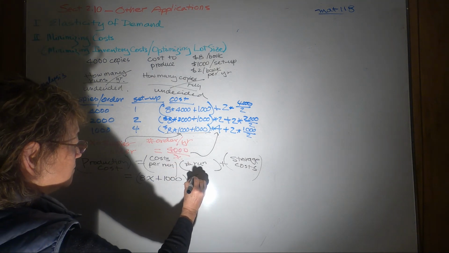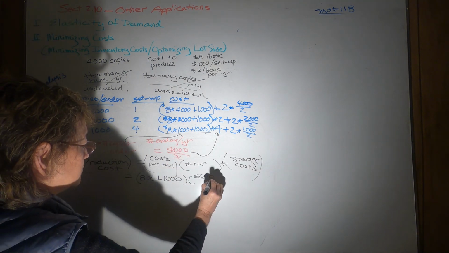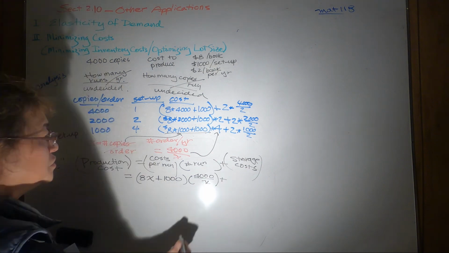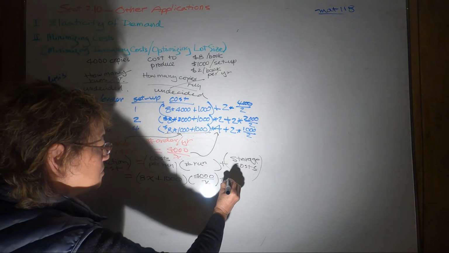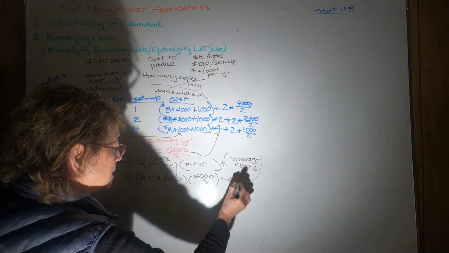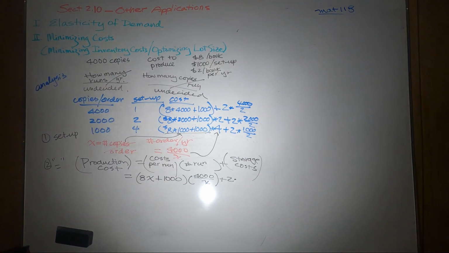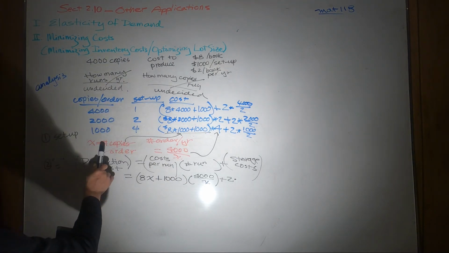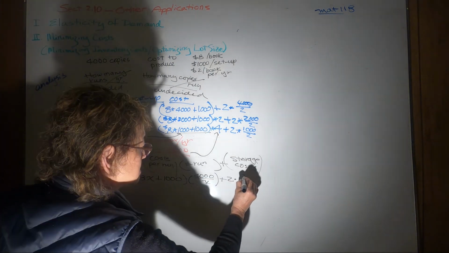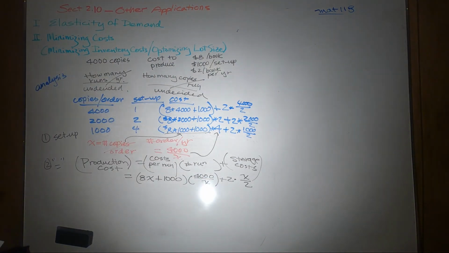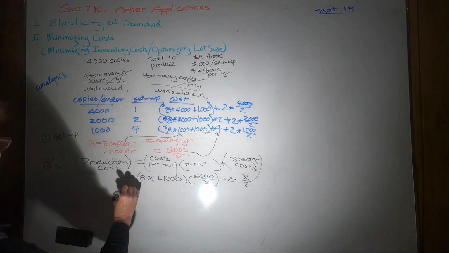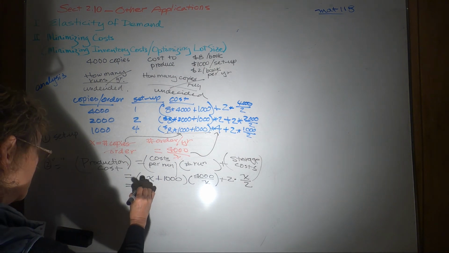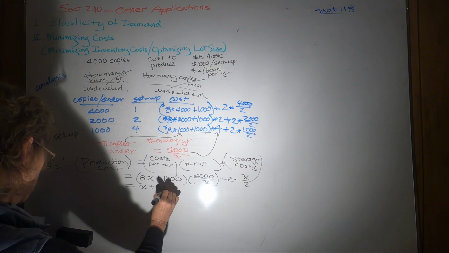then times the runs would be this, 4,000 over X, plus storage cost, that would be $2 times, right? Half of the order, X over 2. Is that right? So we spread it out, multiply them. That would be this.